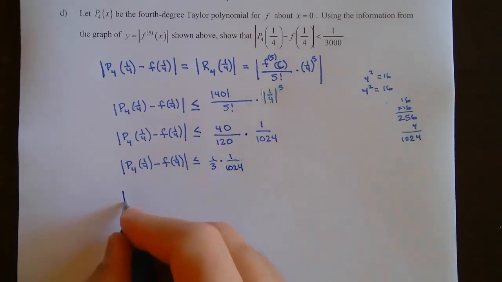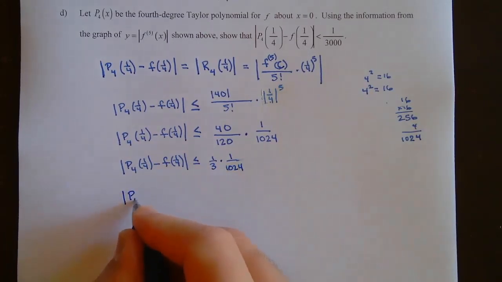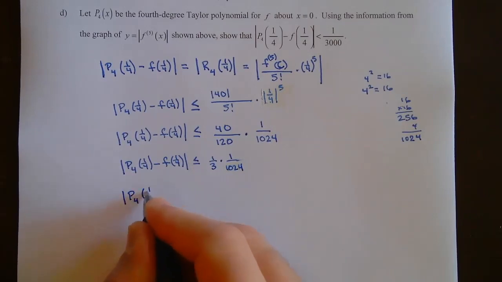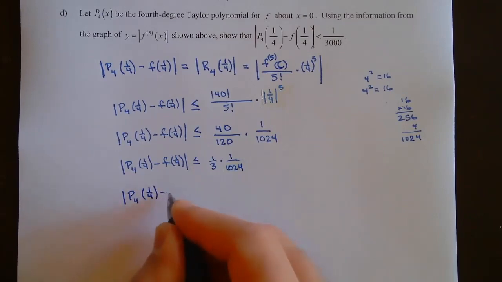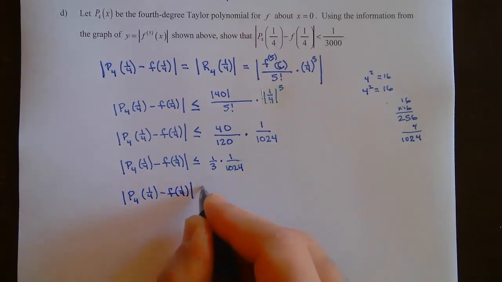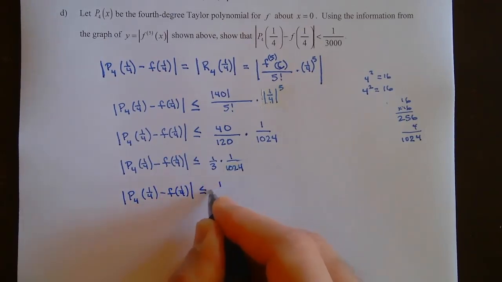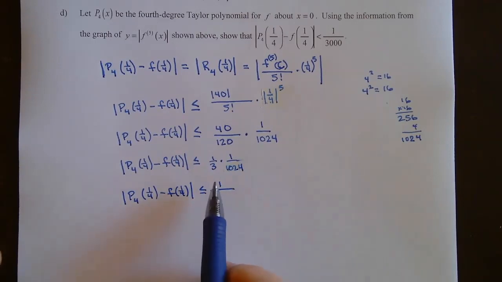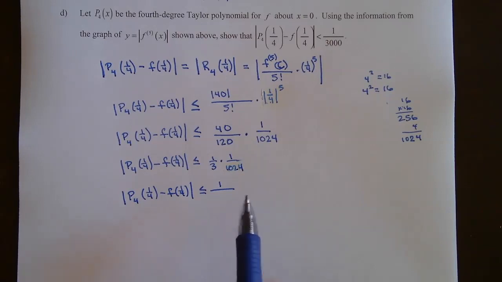That would mean that the Taylor polynomial at 1/4 minus f of 1/4 is less than or equal to 1 over 3072.